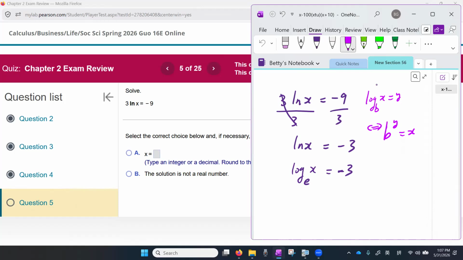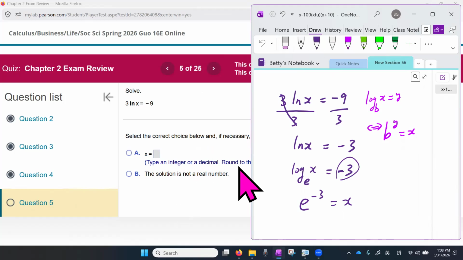That is something we learned from pre-calc. So the base to the power of log equals argument. With that formula, we have e, the base, to the power of the log, equals the argument, which is x. So x equals e to the power of -3.